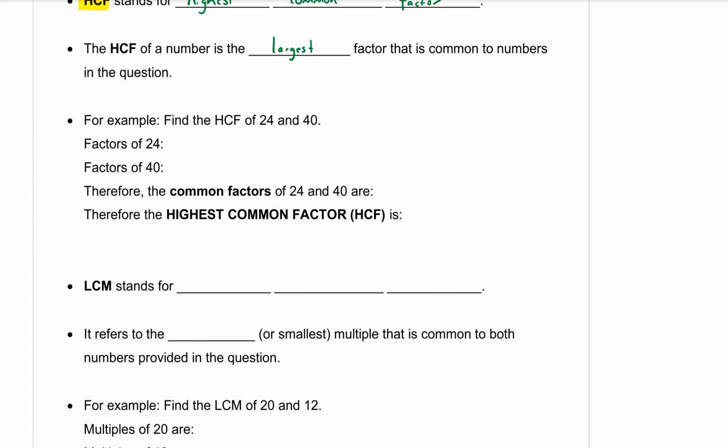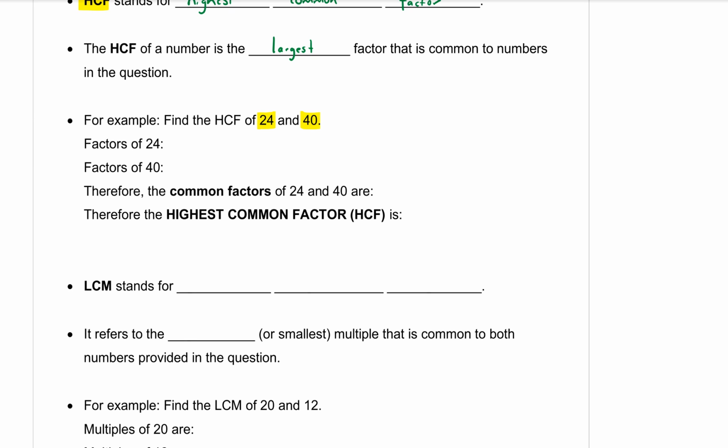For example, find the highest common factor of 24 and 40. What you do is you write down the factor lists like we were doing last lesson. Now, these aren't our examples yet, so I'm going to do this the quick way. I'm going to go straight to putting these in ascending order.